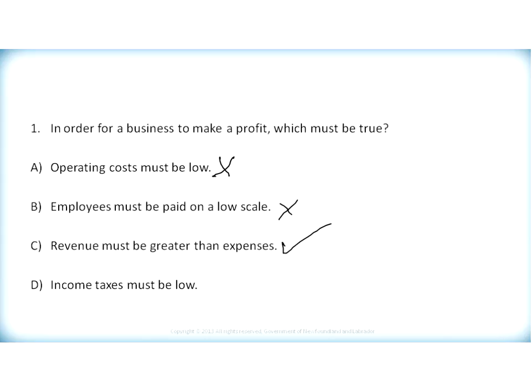So C is going to be the answer here. And D, income taxes must be low. Well, again, for a profit, it's often useful for your income taxes to be low, but it's not necessarily a requirement. Lots of businesses can still earn money even if they're paying a lot in income tax. So just to confirm, C is the best and only option, really, for this question.